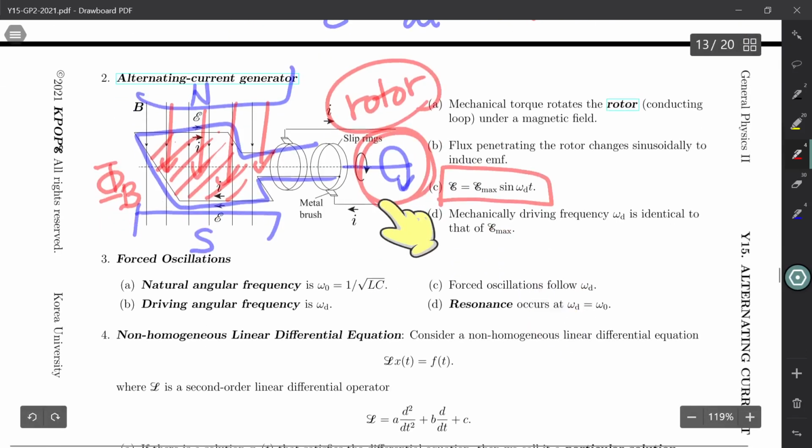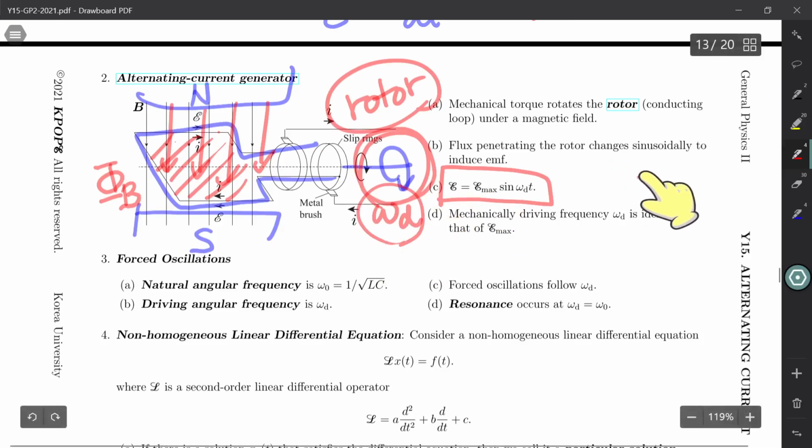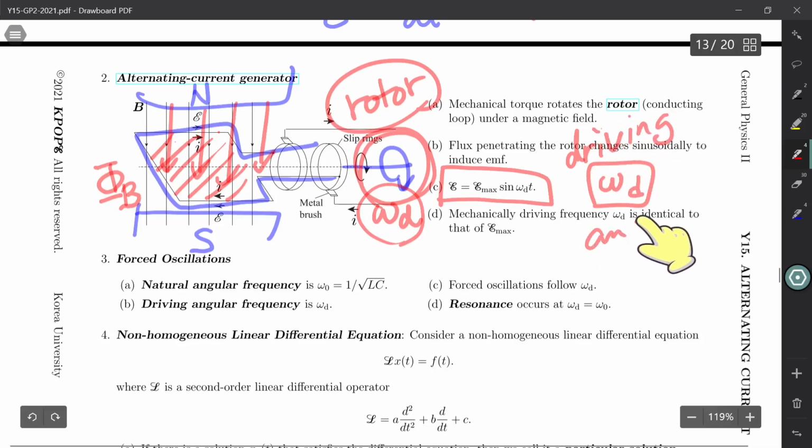We say this driving force oscillates with angular frequency omega d. So we put the d on omega for the driving angular frequency.